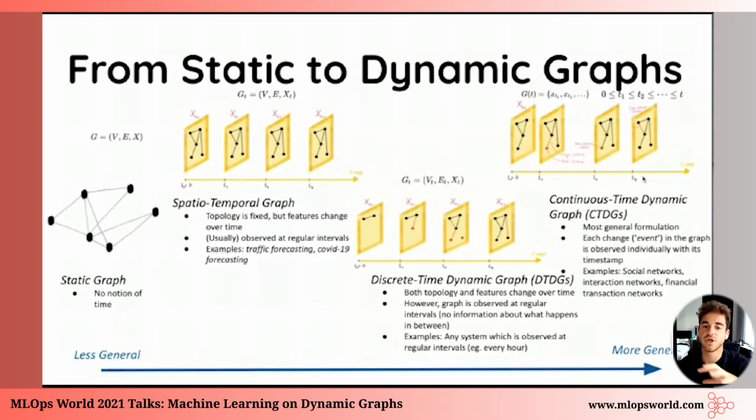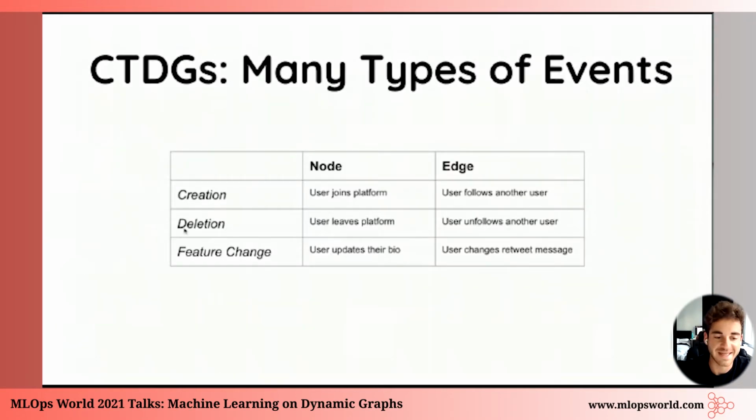So looking a bit more in detail at the types of events you can have, and again taking Twitter as a reference example, we can have creation events. For a node, this just means a user joining the platform, so you have a new node, a new user. For an edge, it would be when a user follows another user. Deletion is when a user leaves the platform, or, in the edge case, when a user unfollows another user.